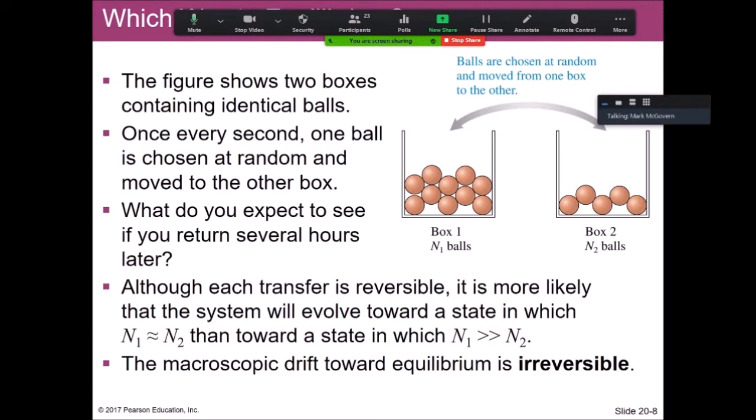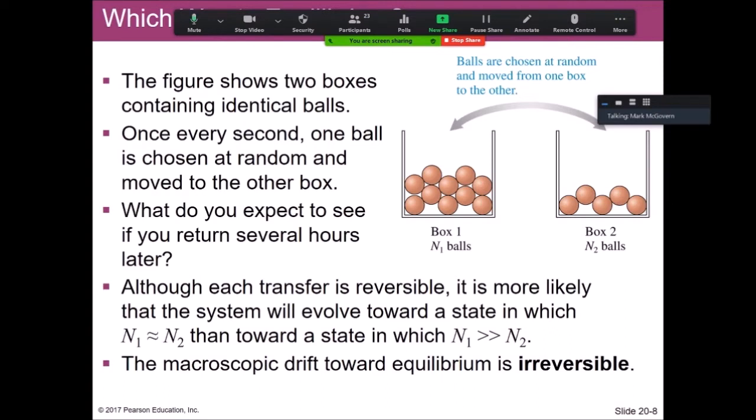It would be very strange if we came back and one box was completely filled, because that would require constantly randomly choosing balls from the second box, and it goes to, say, the first box. And while statistically possible, when we try to translate this into a physical system, we find that the statistical anomaly is basically an impossibility.